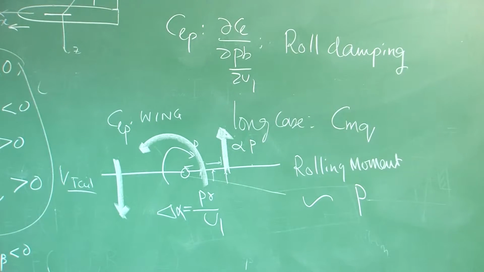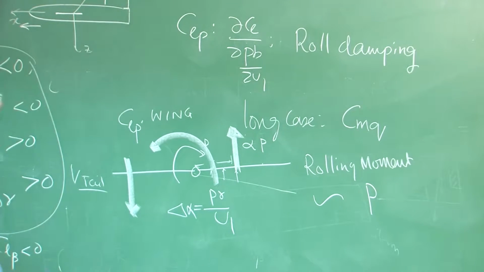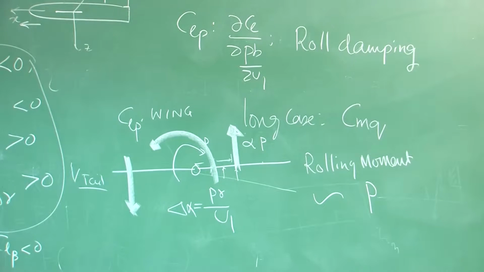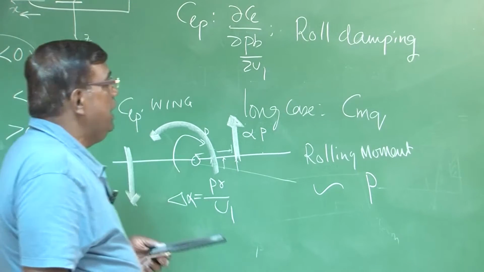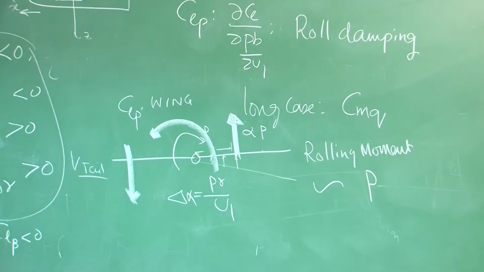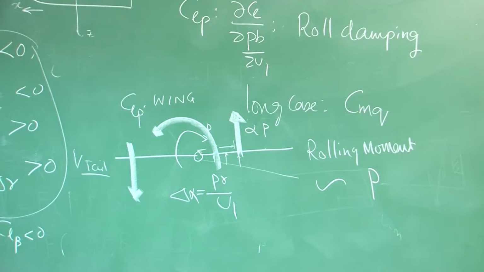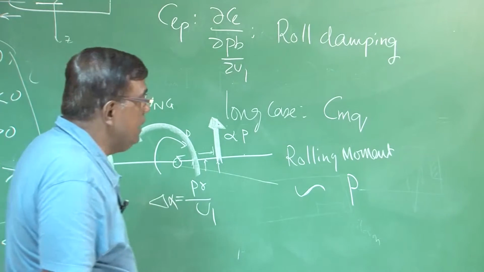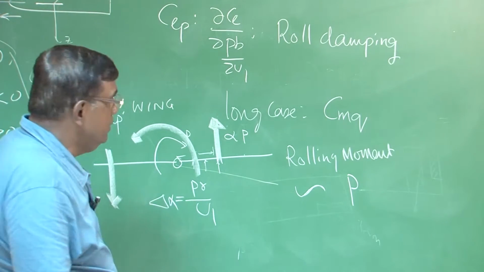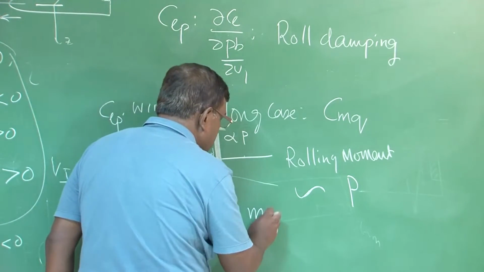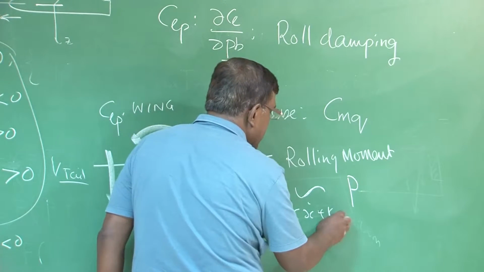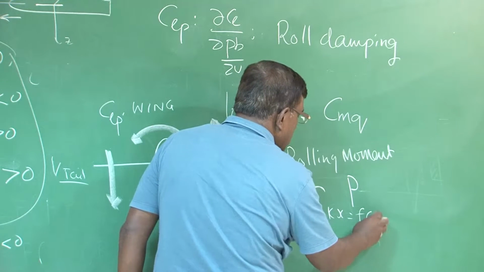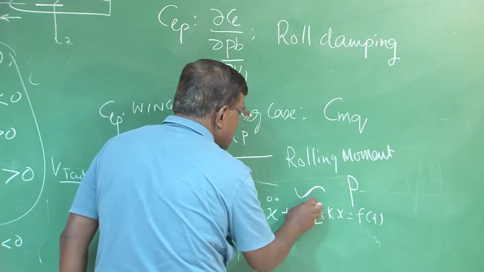Okay? And you know the reaction moment proportional to P or proportional to the rate, correct, we attribute it to damping derivatives, right? Or it causes damping to the dynamics. As we have seen for second order system, C x dot plus K x equal to f of t. You see this one, C x dot.